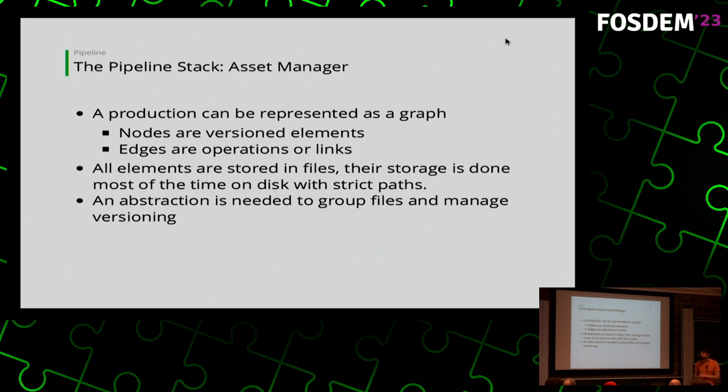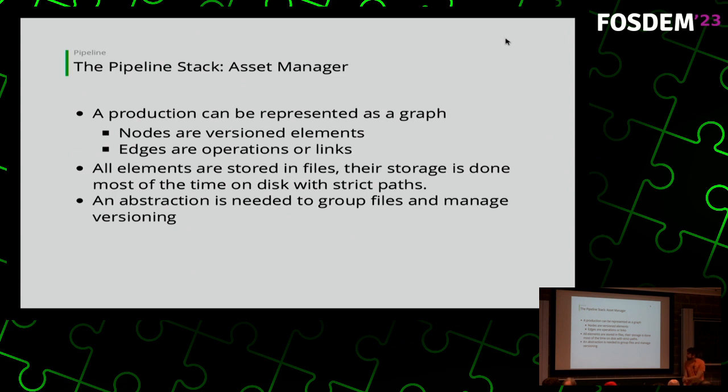Every node can be considered as the element or the delivery, and the edges can be either the operations or the links between the elements. It depends on how you want to represent things.